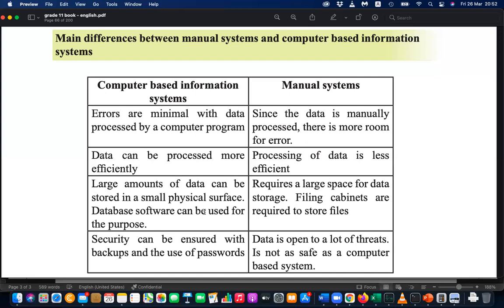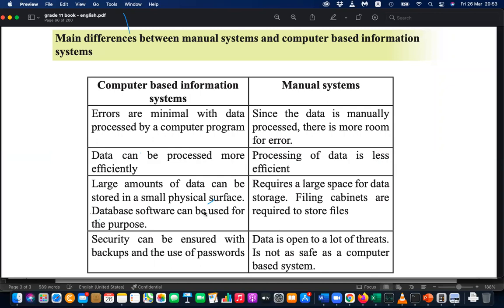For example, in case of flood, fire, or a terrorist attack, there's a high tendency for data to be damaged in the manual system. You can't recover it. I don't know whether you have heard, we had a great library in Jaffna. Unfortunately, due to the civil war, which lasted about 30 years, we lost it. Somebody, I don't know the responsible party, destroyed that library.